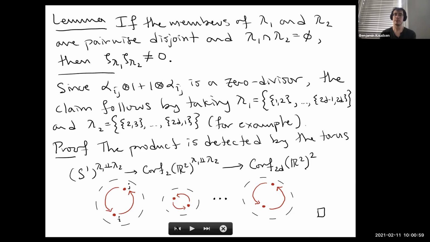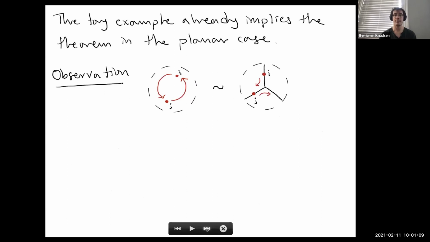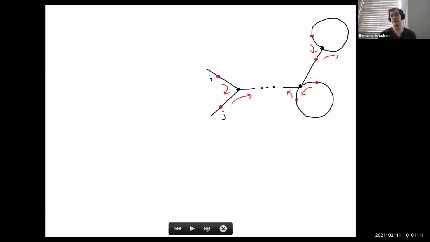And so that torus doesn't matter. It doesn't care whether I move these R2s around inside of R2. So I can put them wherever I want. And so in particular, I can put them centered around the essential vertices of this graph which is embedded in R2. And then I can let pairs of particles orbit each other by passing through the essential vertex.